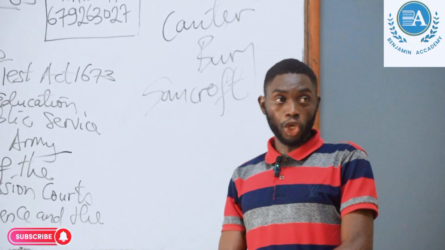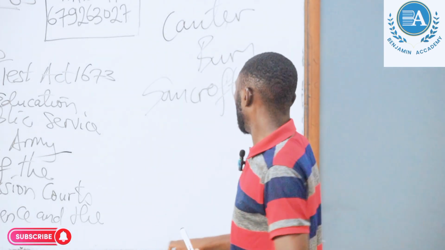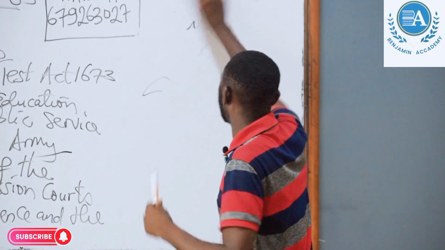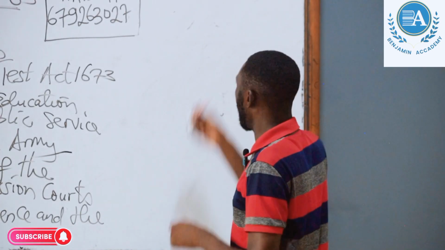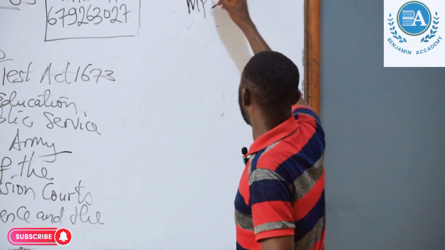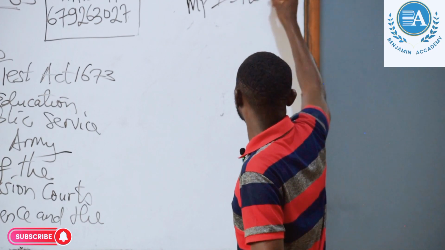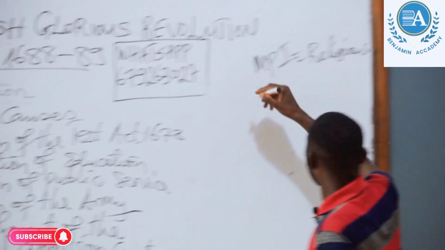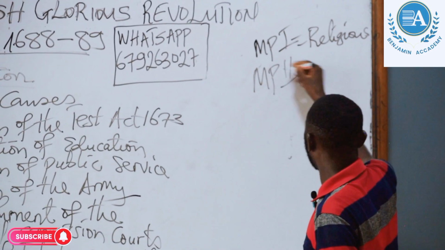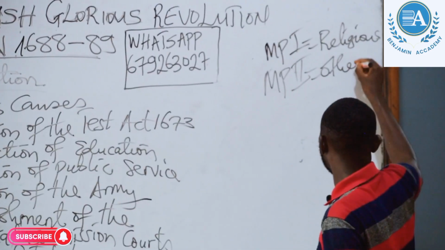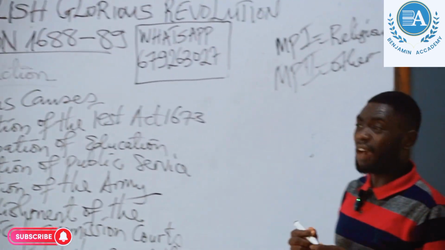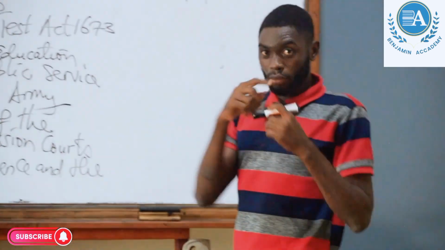In the question, they say it was more of a religious venture. The main part one will be talking about the religious reason for the revolution, while main part two will bring in other factors, that is, the political and the economic. As an advanced level student, how do you write advanced level questions?